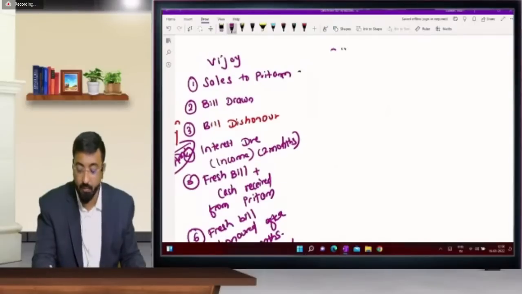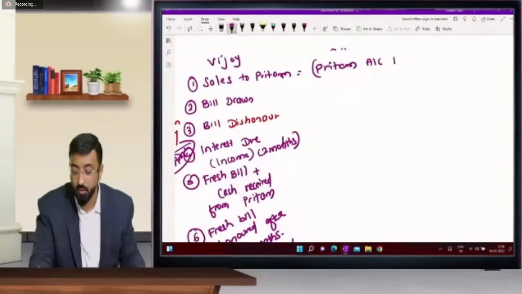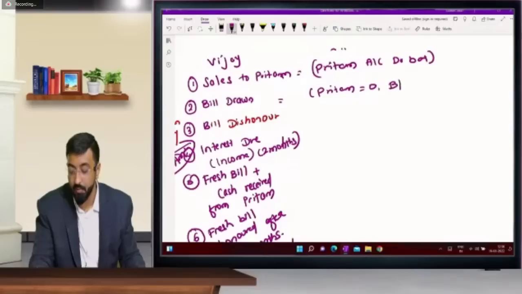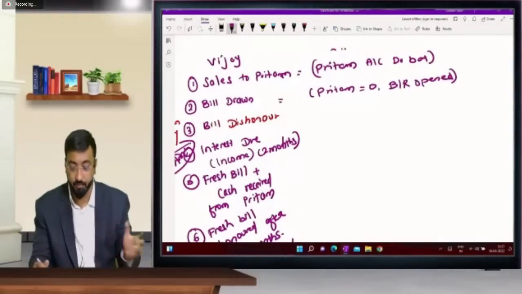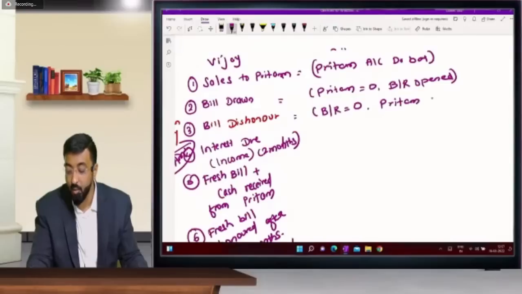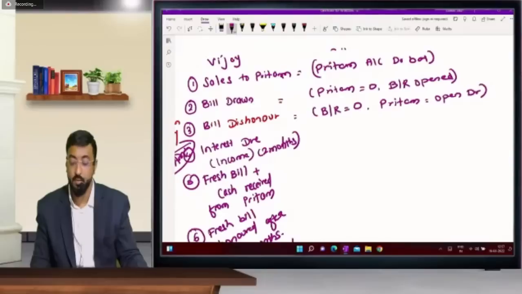Sales to Pritam. Which account is open? Pritam account, debit balance. Bill drawn: Pritam 0, bills receivable open. Understand the sequence. Bill dishonor: bills receivable 0, Pritam account is open, debit balance.